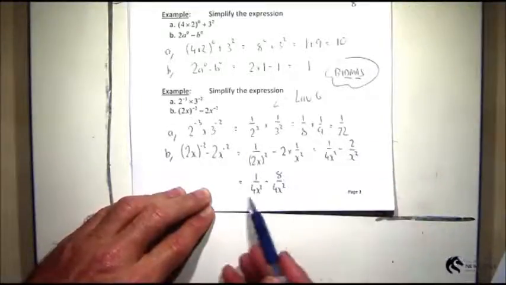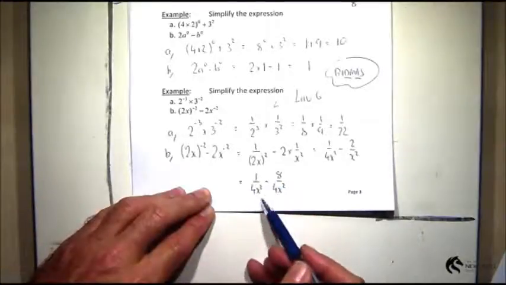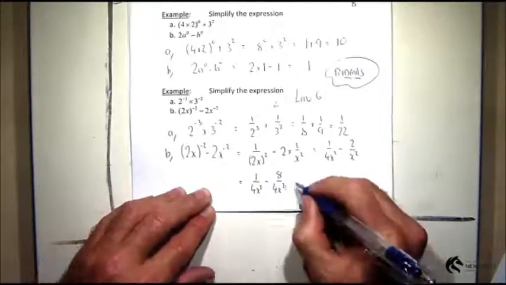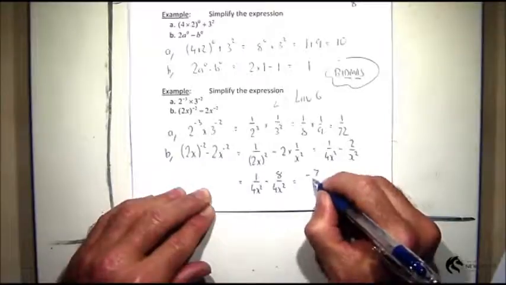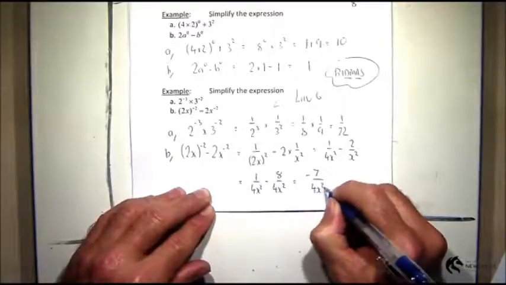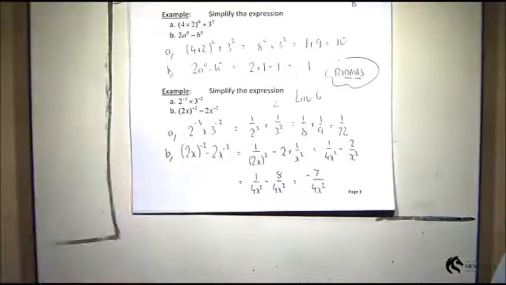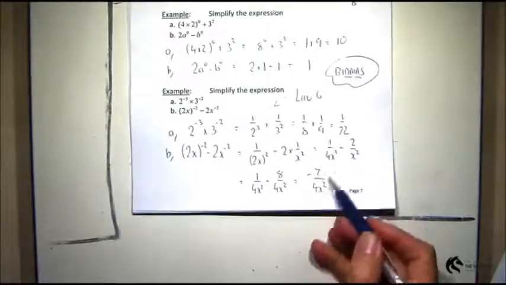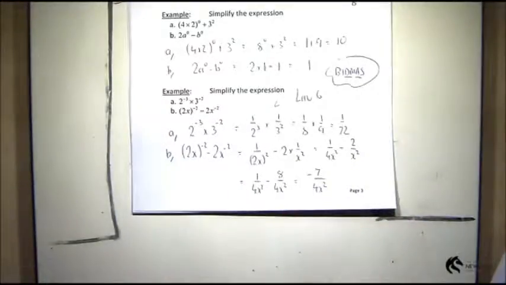So I've put that over a common denominator, so I've got 1 on 4x squared minus 8 on 4x squared. So I could write that as minus 7 on 4x squared in there. So all of those expressions represent the same number.